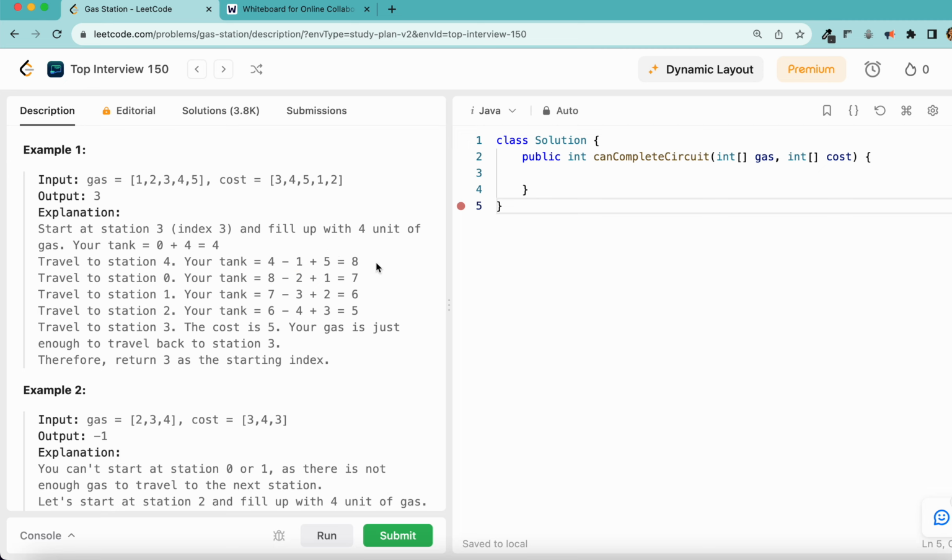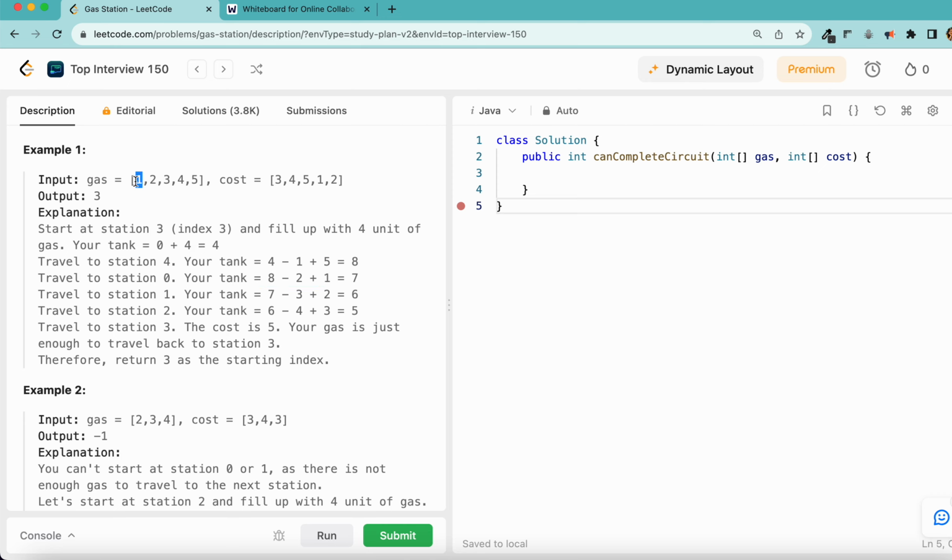So now my tank has 8 units of gas. Now from here we need to go round back to the 0th station. If we go back to the 0th station, we will add 1, and since we are moving from 5, we need to deduct this cost. So 8 minus 2 plus 1, it becomes 7.